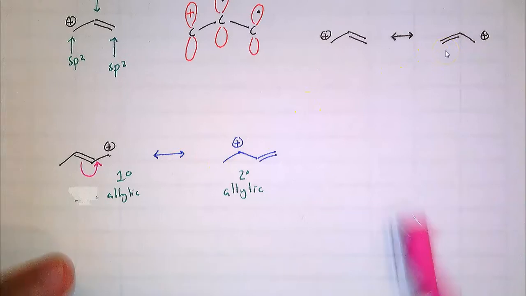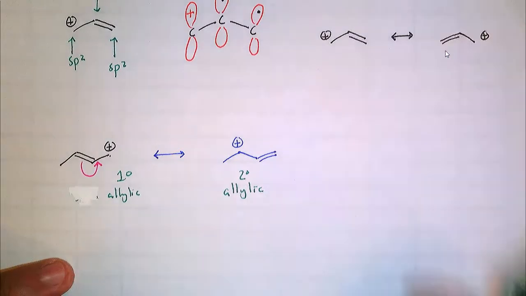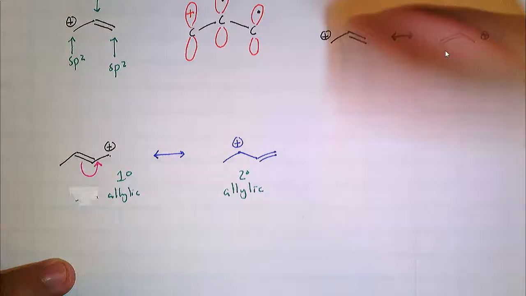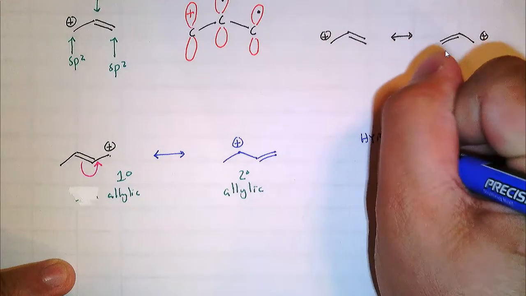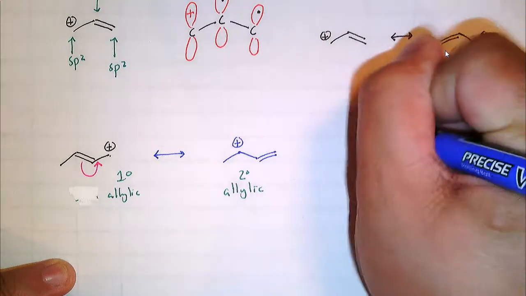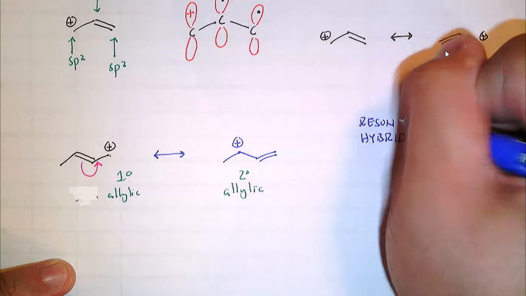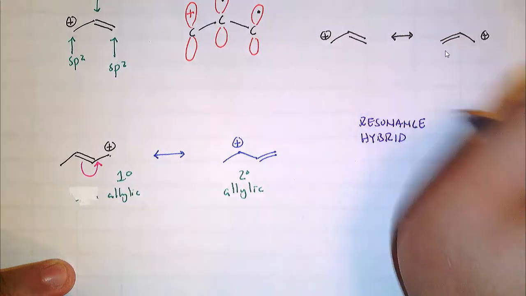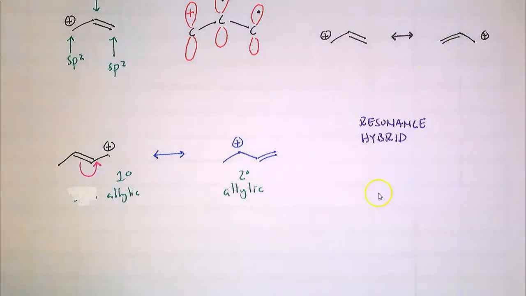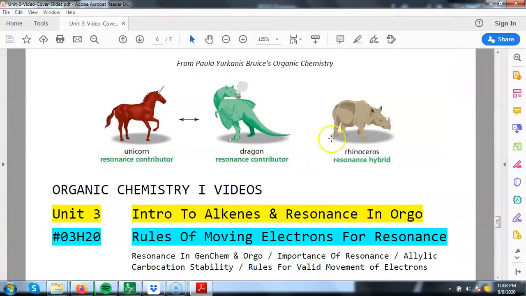They exist as a hybrid. How do I draw the hybrid in this case? And the resonance hybrid, that's what? The resonance hybrid is real.